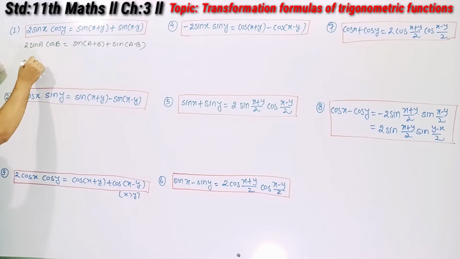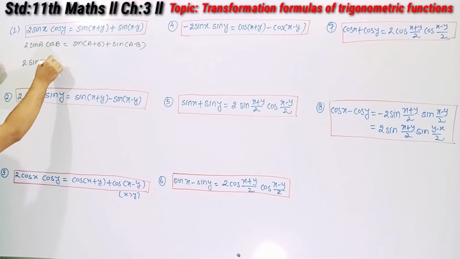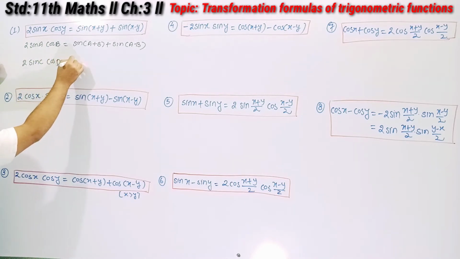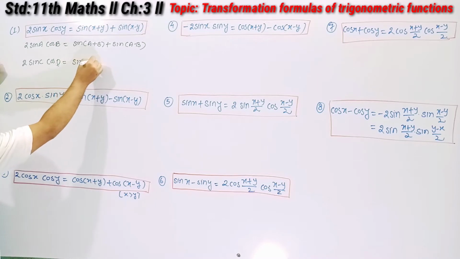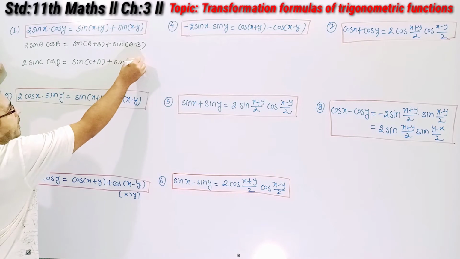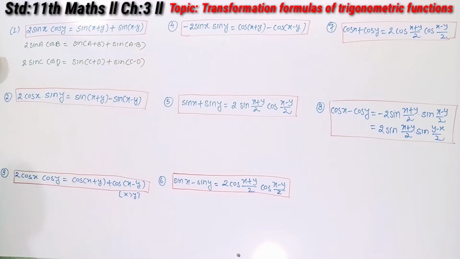So 2 sin c cos d we can write as sin(c plus d) plus sin(c minus d). In these three ways you can learn this first formula: in terms of x and y, in terms of a and b, and in terms of c and d.